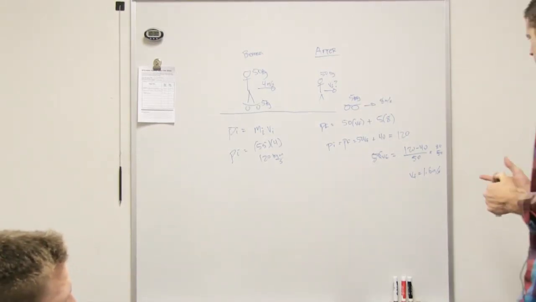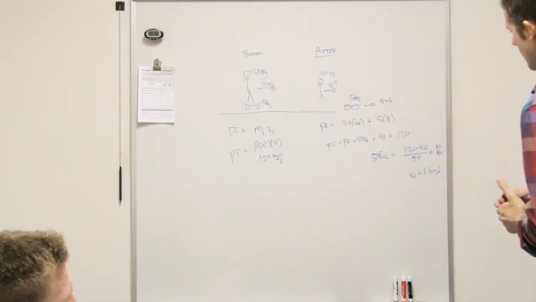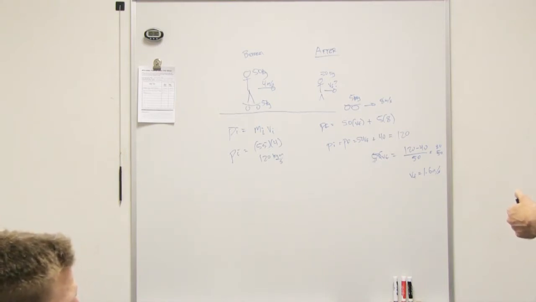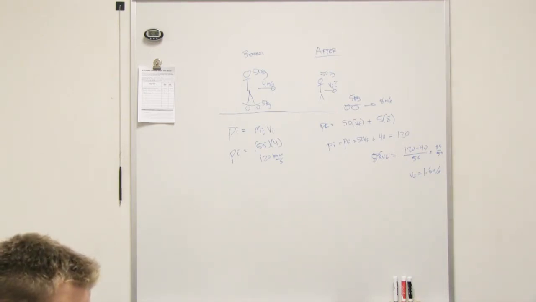Oh, wait a minute. Yeah, 80 over 50, yeah. And that's 8/5, which is 1.6. Yeah. Okay.